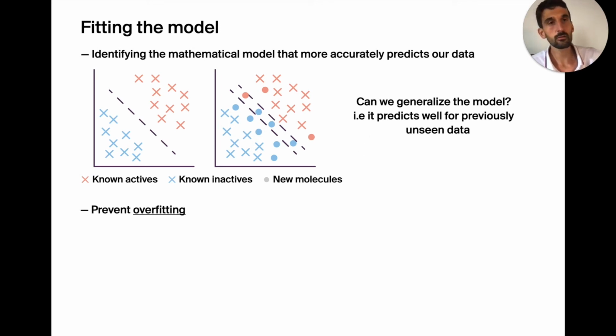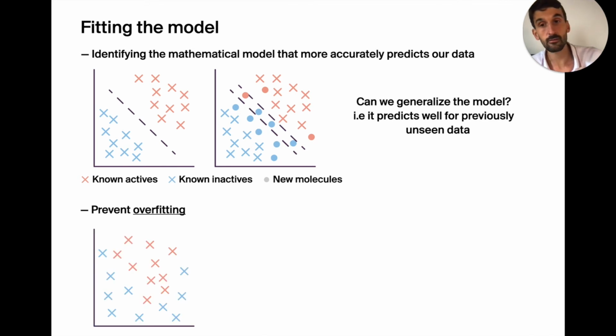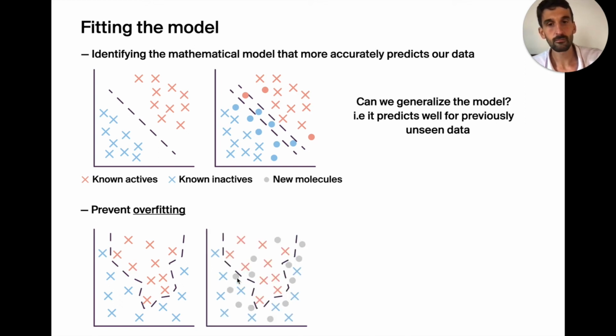This is something that, if you go to the tutorials, is usually referred to as overfitting, right? And I think it's better understood in this example. Let's assume that we have this more difficult case where actives and inactives are more merged within this 2D plot. We can always come up with a very complicated decision function that is going to separate our known data very well, right? But when we come with new data, maybe it's not going to do so well, right? Because we have overfitted.